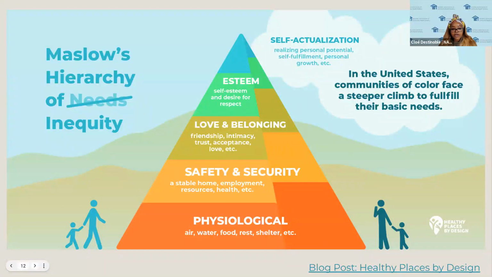As we think of the health disparities and inequities in our own communities and across the country, we can see that having unmet foundational needs, which is at the bottom of the pyramid, will limit the ability to focus on needs within the higher needs, or at the top, as you can see, of the pyramid. Inequalities at the foundation level will impact a person's ability to actualize their full potential.